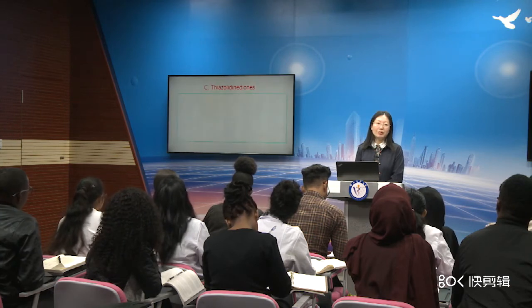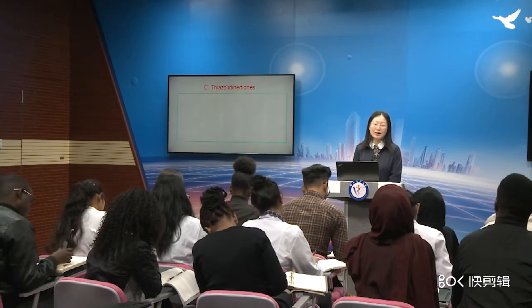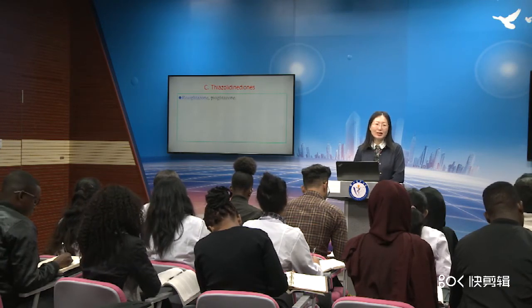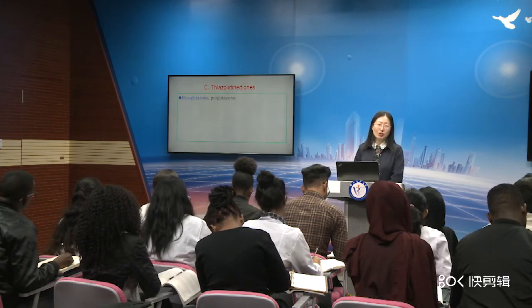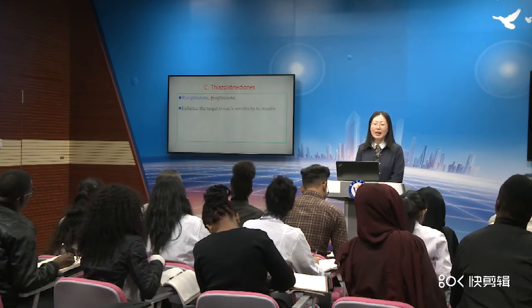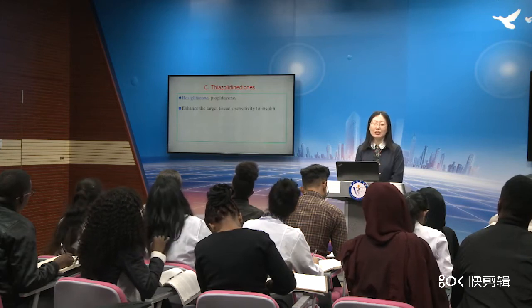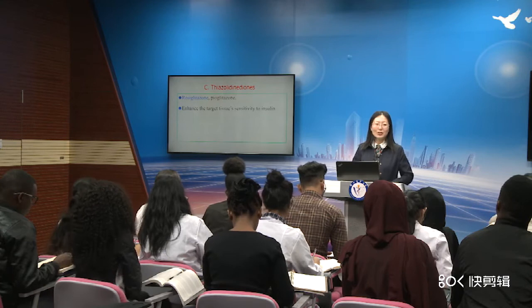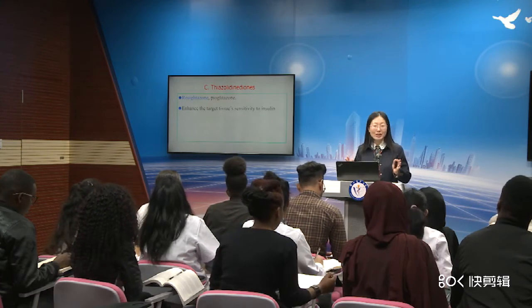The third kind of oral hypoglycemic agents, thiazolidinediones, such as rosiglitazone, pioglitazone, these drugs. And these drugs can enhance the target tissues' sensitivity to insulin. So now we have a question.